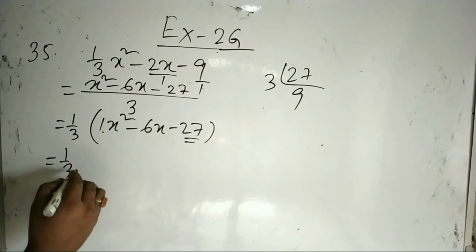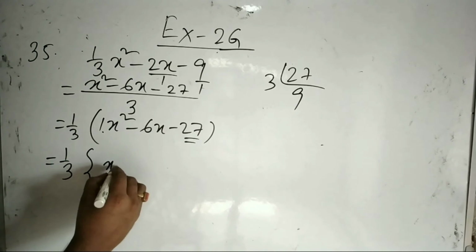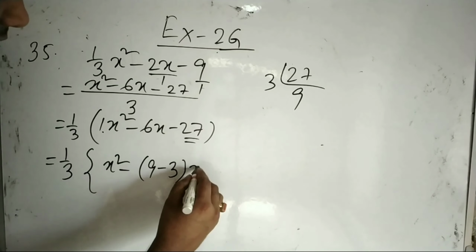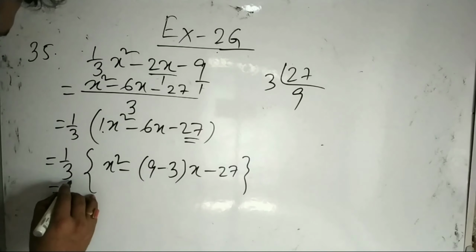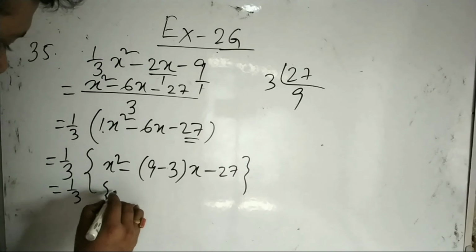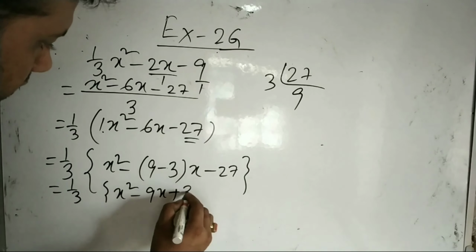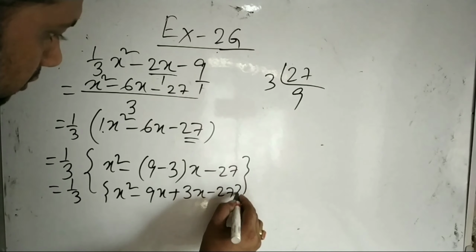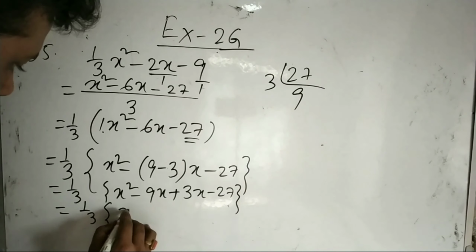So write it like this, keep 1 by 3 as it is. Here x square minus 9 minus 3 into x minus 27, that is 1 by 3 x square minus 9x plus 3x minus 27, that is 1 by 3.